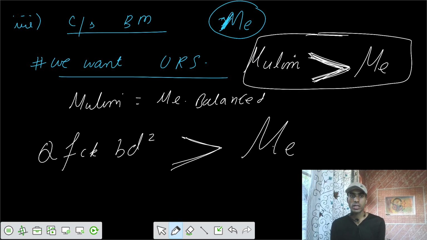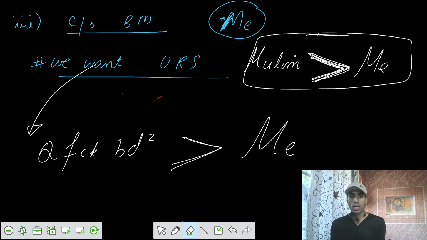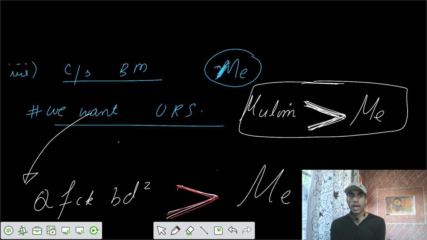If I want an under reinforced section, your limiting moment should be greater than the external moment that you are applying on the structure. From that, we need to get the cross section, that means the values of B and D, and after that the steel area. We can assume B, or B may be given.